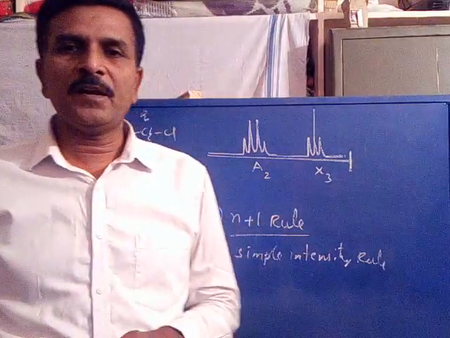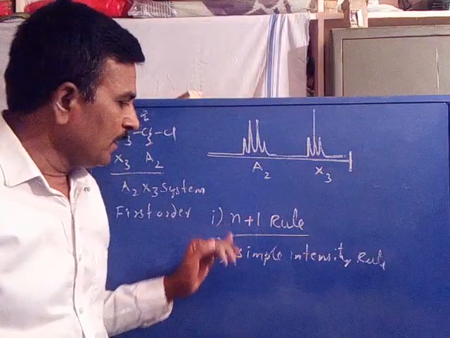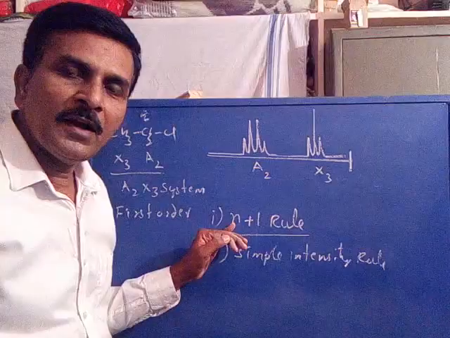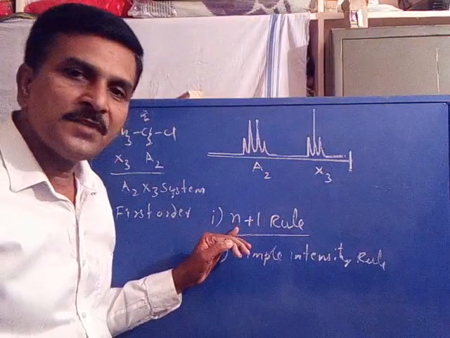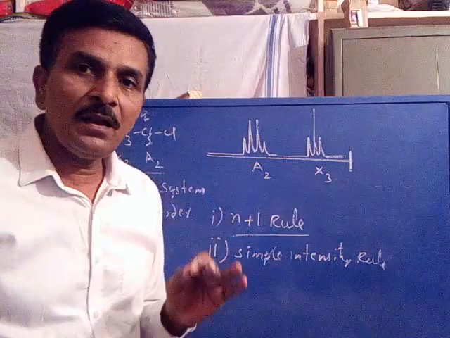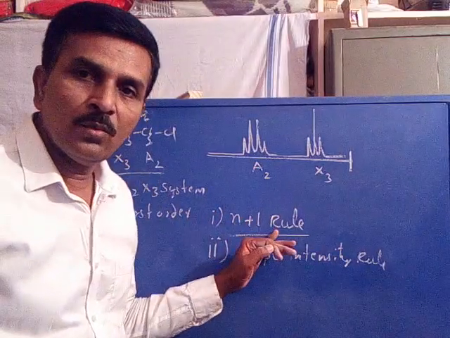Every first order spectrum will follow the simple multiplicity rule and the simple intensity rule, where the multiplicity rule is n+1, so every multiplet signal appears in accordance with the n+1 rule.